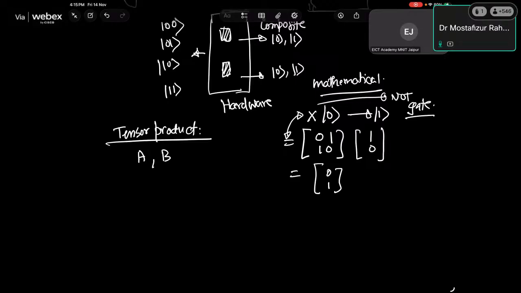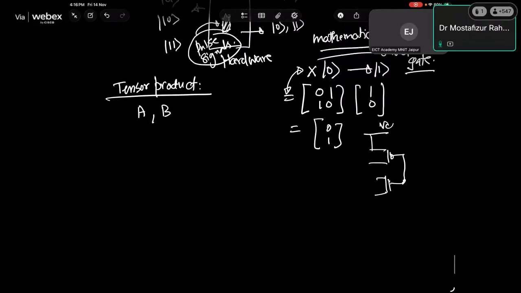Now you can see this. These kinds of operations you do on the mathematical side, but in the physical hardware you typically apply a pulse signal, microwave pulses, to create these operations. This is not the same as what you do in digital logic or classical circuits like CMOS technology, where you typically create this with PMOS and NMOS transistors.